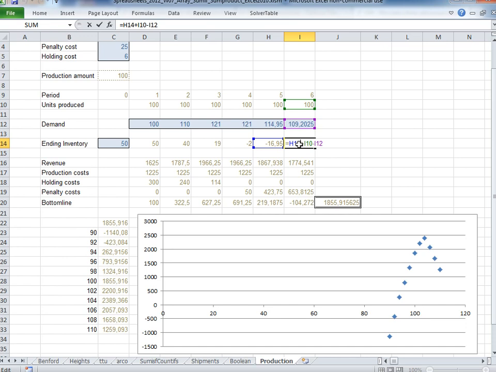In that case, it would mean that the negative inventory, let's say this first negative inventory here is -2, this negative inventory would not go over to the next period.